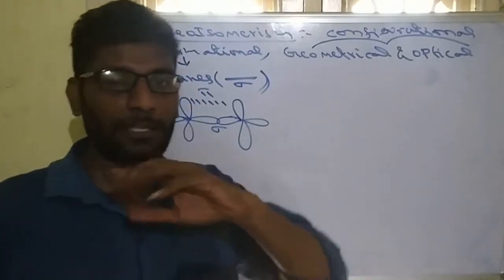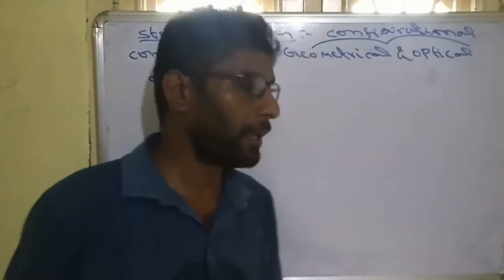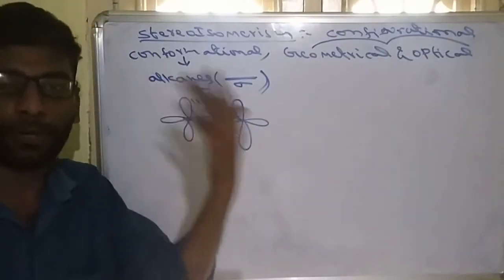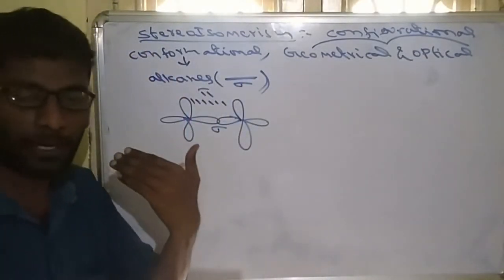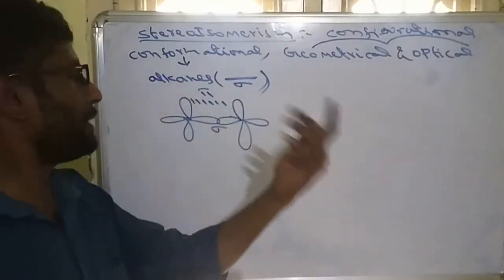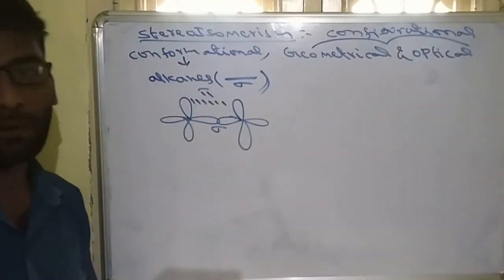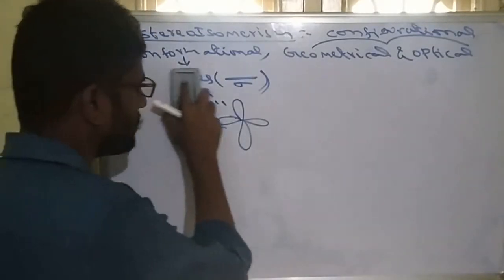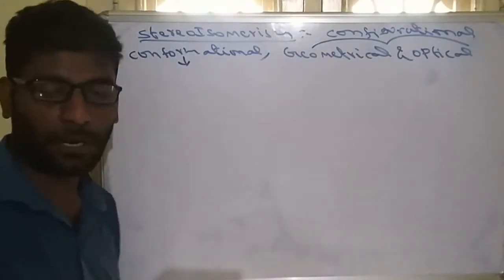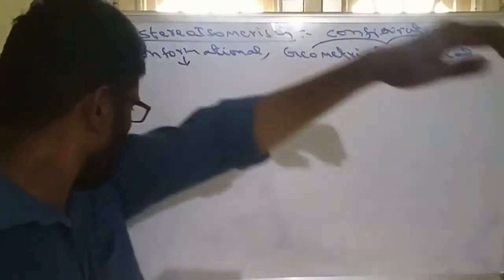So the pi bond does not rotate, it directly breaks, but the sigma bond can rotate freely. So wherever a sigma bond is there, they can freely rotate. Due to free rotation, they exhibit isomerism, called conformational isomerism. So conformational isomerism is due to free rotation of the sigma bond.